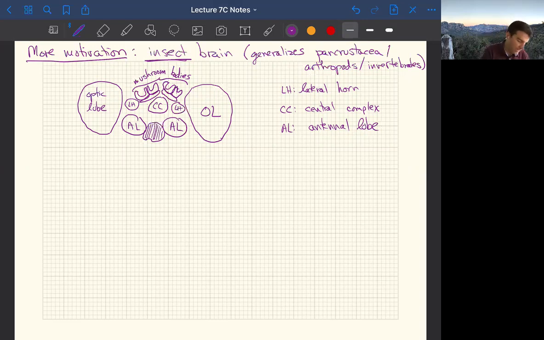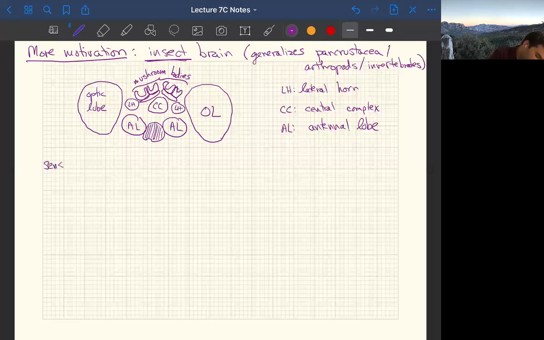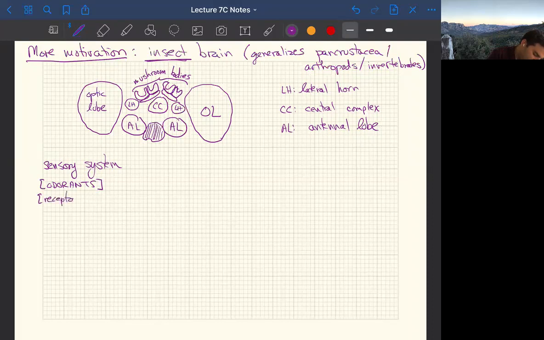What I mean by that is, if a fly or a honeybee smells an odor, for example, we've got the sensory system out here, and that sensory system has receptors that can detect different odorants.